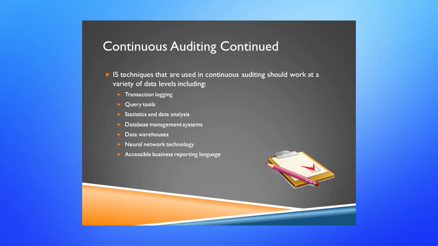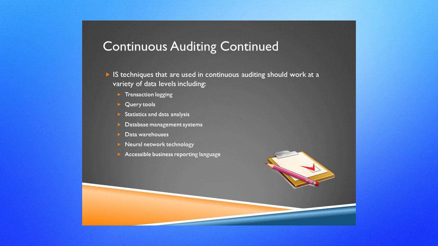IS techniques that are used in continuous auditing should work at a variety of data levels, which could include things like transaction logging. When you think of the definition of transaction, it means that a series of events have to happen 100% or they're all rolled back, and nothing happens at all. That's a typical operation of a database function.